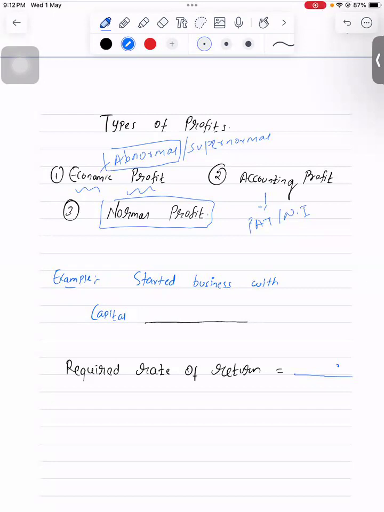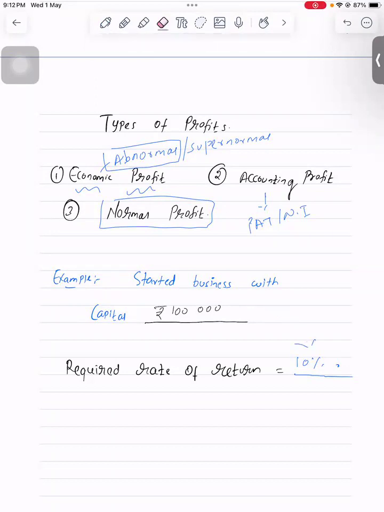Let's say we have started the business and we invested, let's say, a capital of rupees 1 lakh in the business. And let's say required rate of return is at least 10%. Okay, at least 10% we want to make. Why 10%? You can think in this way. Let's say you do not have 1 lakh. What you have done, you have borrowed this 1 lakh at 10% rate of interest. Now, minimum you have to earn 10%.